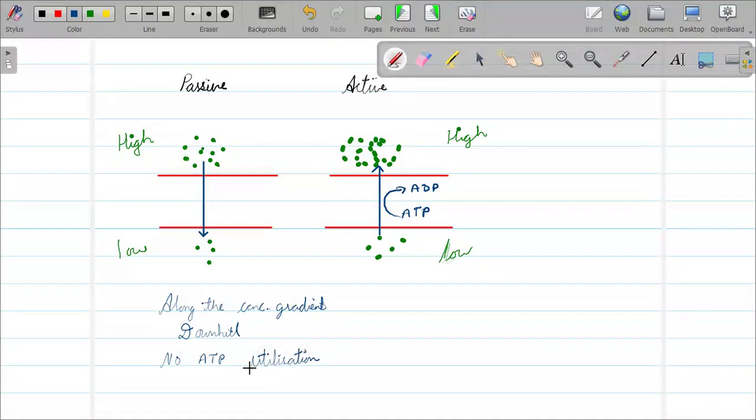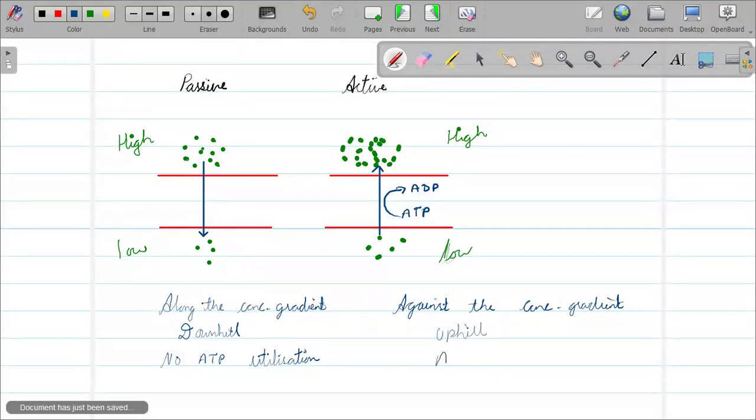This is called passive transport. Here the molecules are going against the concentration gradient, so it is called an uphill movement, and energy in the form of ATP is completely utilized. This type of transport is called active transport.